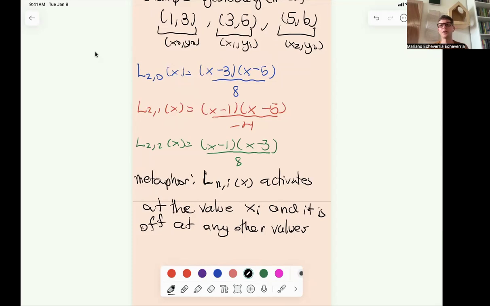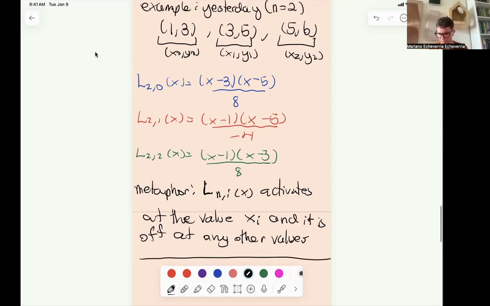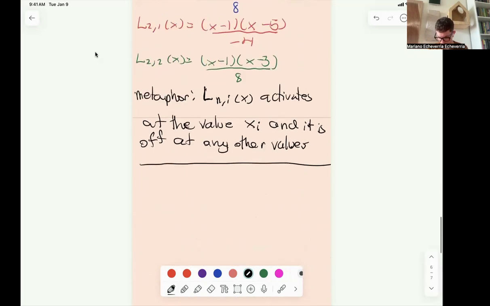As I was saying, the key step is to find these polynomials, because assuming you find them, the formula for the desired polynomial, the Lagrange polynomial, is very easy.